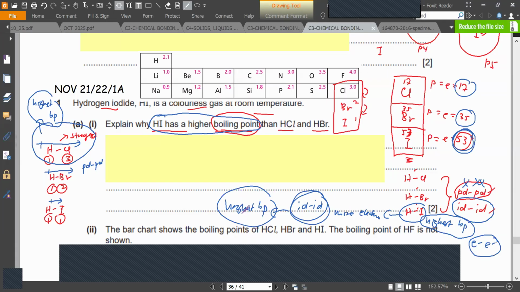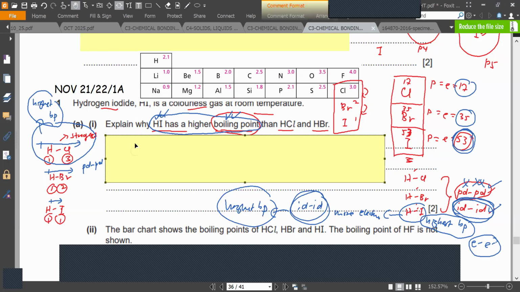So it's very easy to confuse because they have both PD and ID. Which one is affecting the boiling point? Both can affect it. But in this case, based on our measurement, we find that the iodide is having the highest boiling point, which is telling us the ID is having the stronger effect here compared to PD.